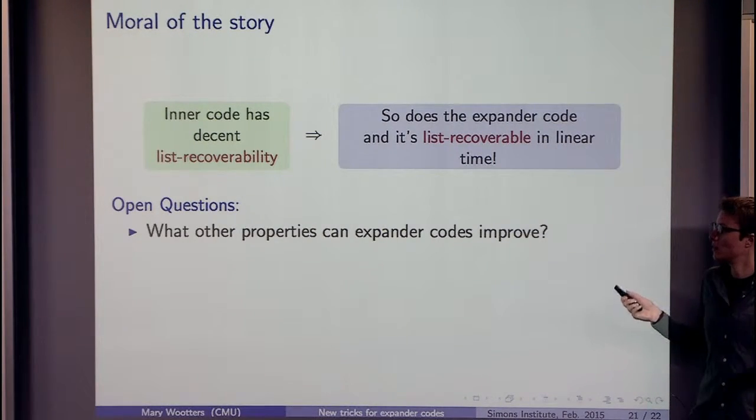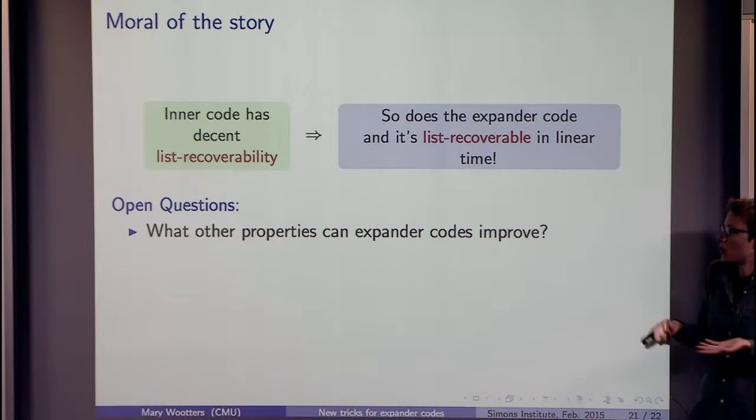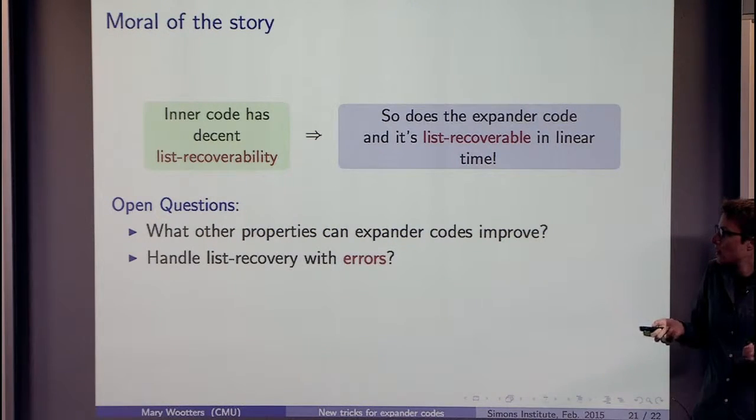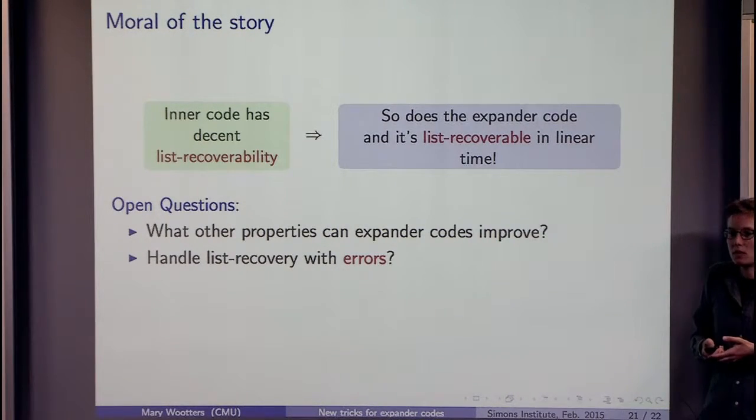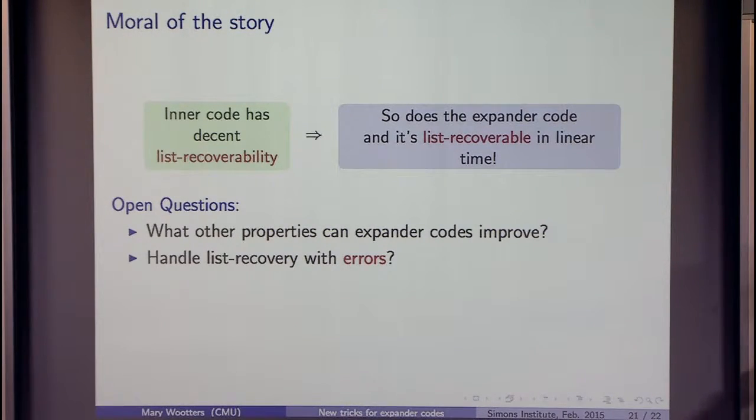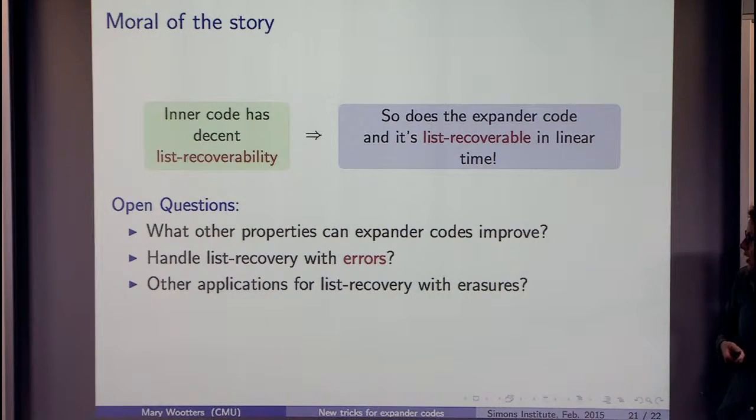So one, I think the most interesting, is what other properties can I shove into this? I think it would be very interesting to handle list recovery with errors. So that little caveat that I was saying when I had erasures instead of errors. If we could do errors, then I think that would lead to some definitely improved algorithms for list decoding, compressed sensing. It'd be very cool.